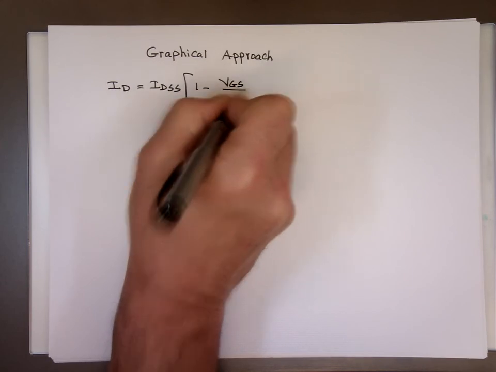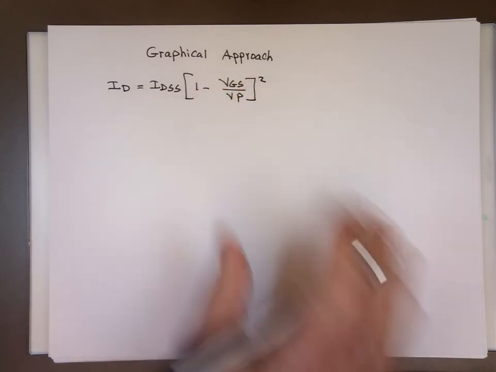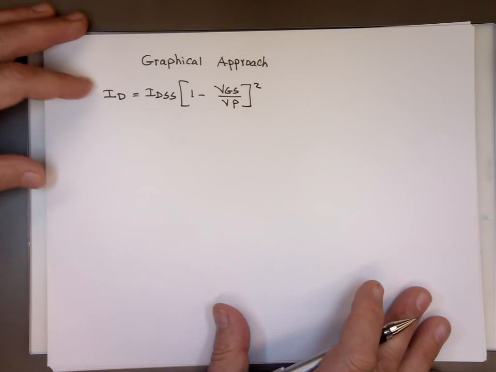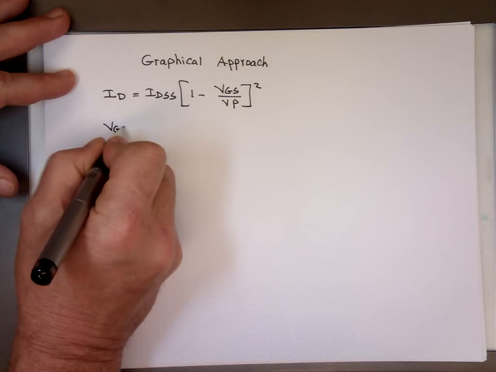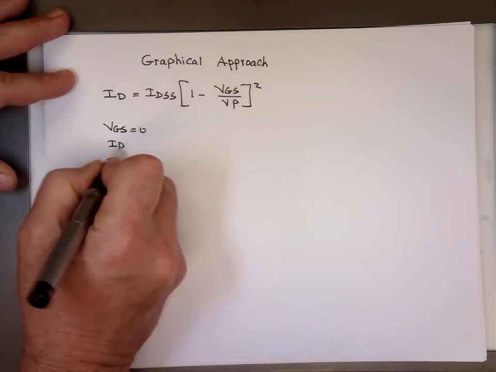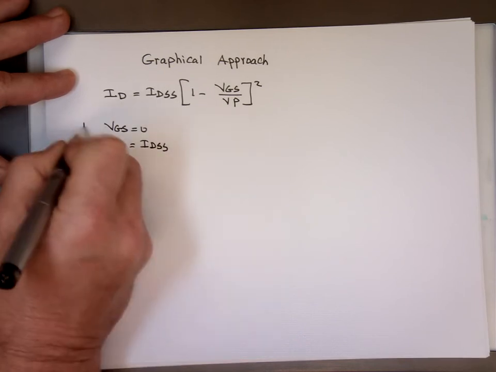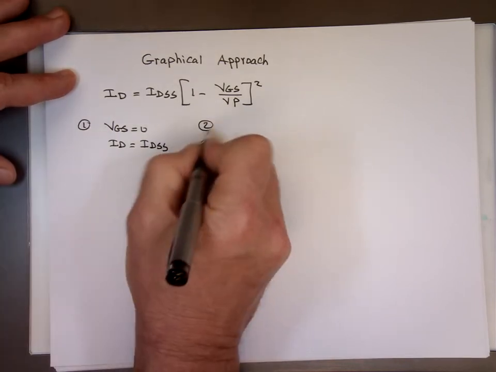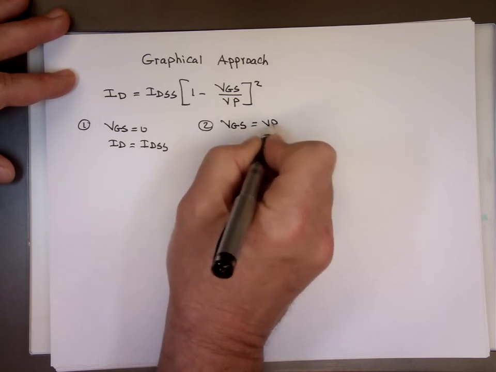So if you rewind that video back maybe a third of the way, you will see I have 3 points. When VGS equals 0, I sub D was I sub DSS. And when VGS was VP, I sub D was equal to 0.